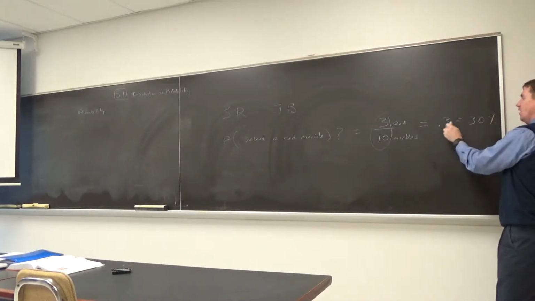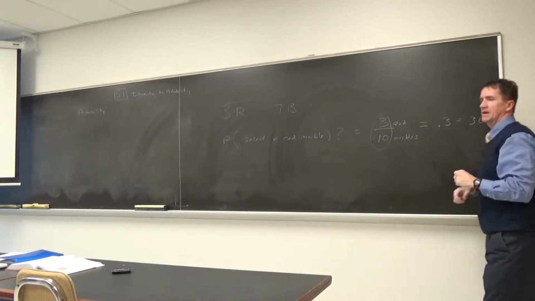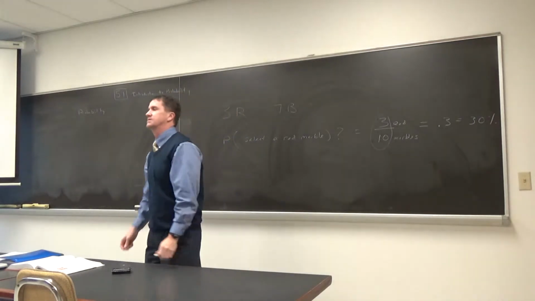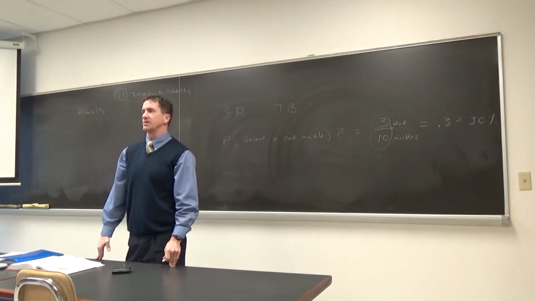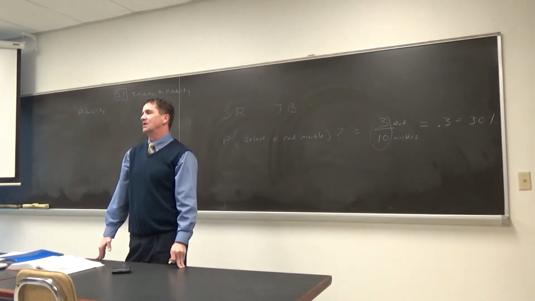Well, all these are fine. But make sure, when you take that 0.3, you can move the decimal place 2 places. Some of you just figure, I'm going to take that 0.3, multiply by 100, you do that too. Just be careful though. 0.03 is 3%, right?